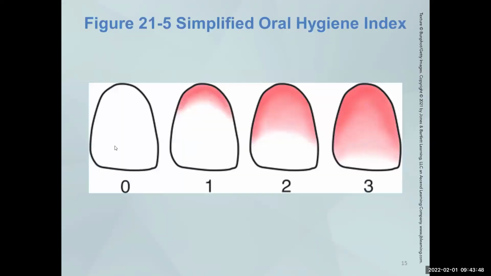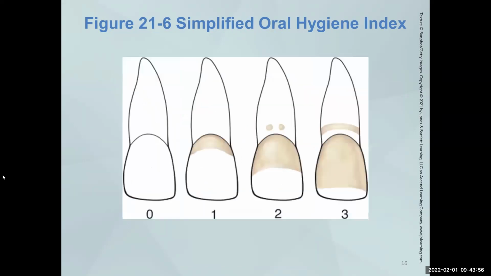How much? Okay, so 0, slight, moderate, heavy. You can do it for calculus as well as for plaque or biofilm.